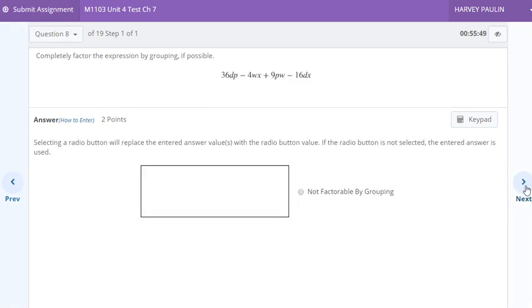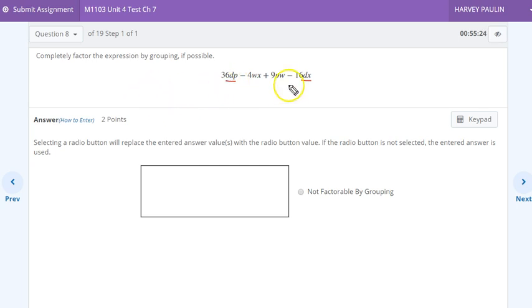Now here, they're asking us to factor by grouping. And we have to take a few moments to study what's going on and see what we can group. Now here we see a D in this one and a D in this one.